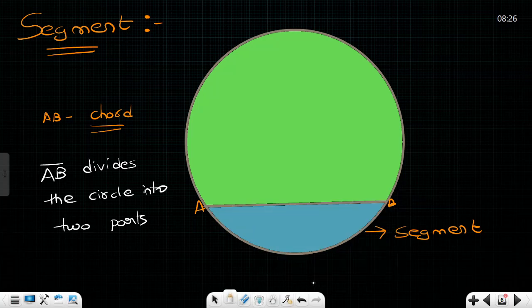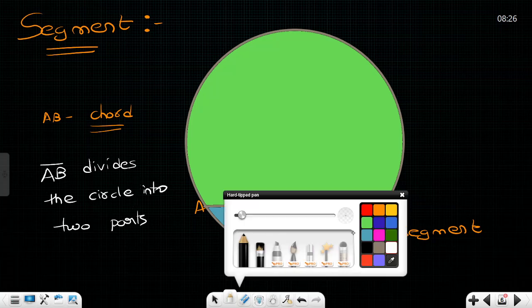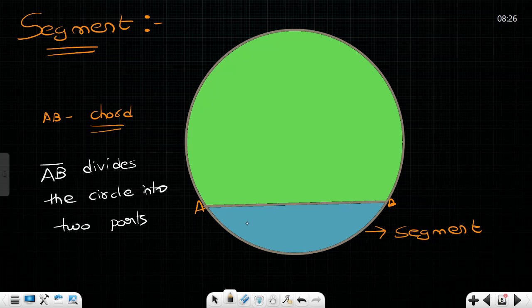Okay, now if you see in the diagram, one is blue color part, one is green color part. This blue color part is a smaller area, so this is called minor segment, and green color part is of major area. This is called major segment. Even for these segments, we can find perimeter, we can find area. So if it comes in your textbook about these segments, I will surely teach you.